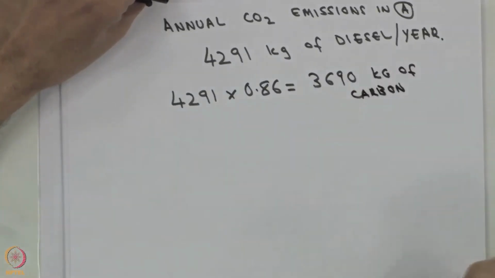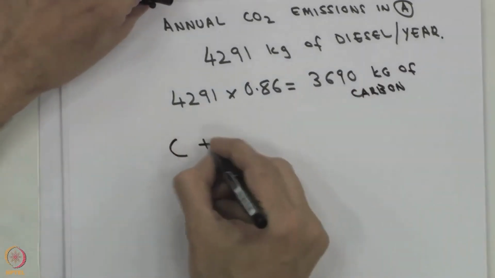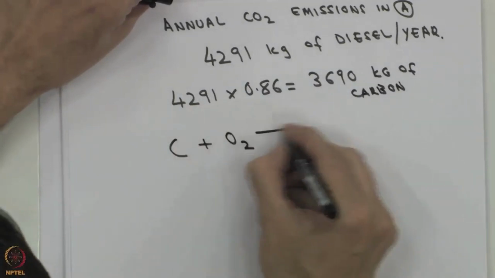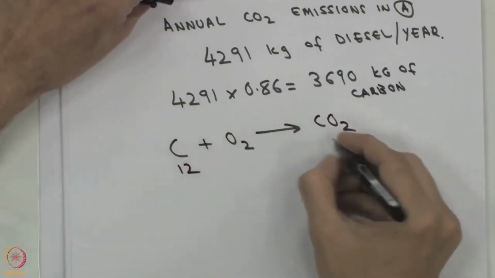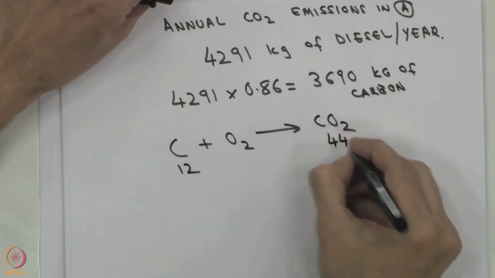are being burnt. Now, we know the basic stoichiometry, C plus O2 giving us CO2, which means 12 kgs gives 44 kgs.